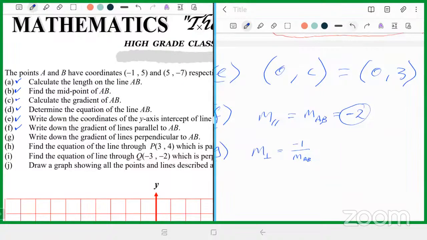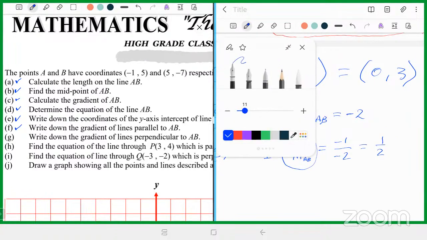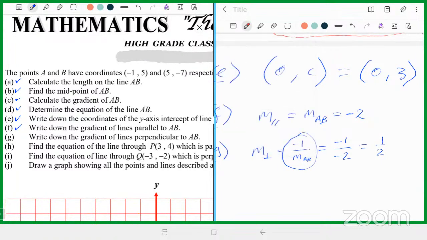So if you drop it under there, it is going to become -1 divided by -2. Then the negatives will cancel and give me a half. So the gradient of the perpendicular line will be equal to a half. Any line that is perpendicular to AB, the gradient will be equal to a half. Now, another way to do this calculation quickly is something that I call flip it and change the sign. Flip the one that you have and change the sign. The result will be a half, just the same.